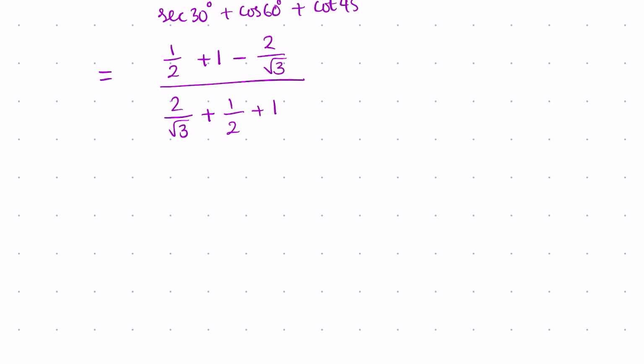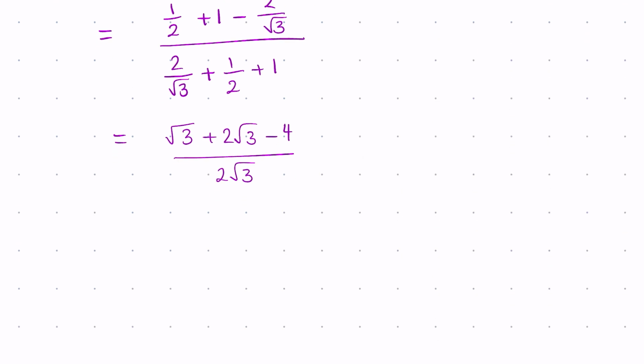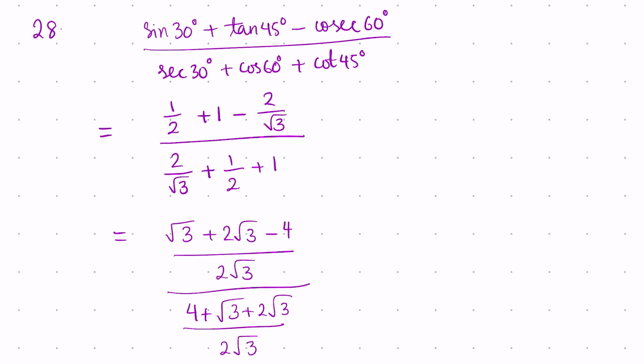So on simplifying this, we get (root 3 plus 2 root 3 minus 4) divided by 2 root 3. That's the numerator. The denominator becomes (4 plus root 3 plus 2 root 3) by 2 root 3.